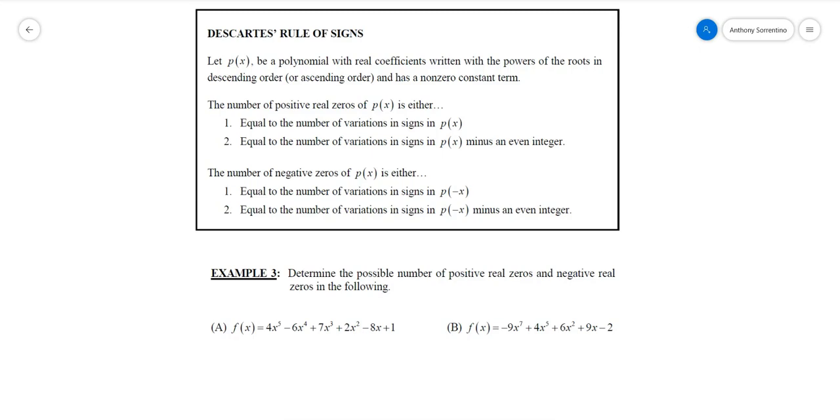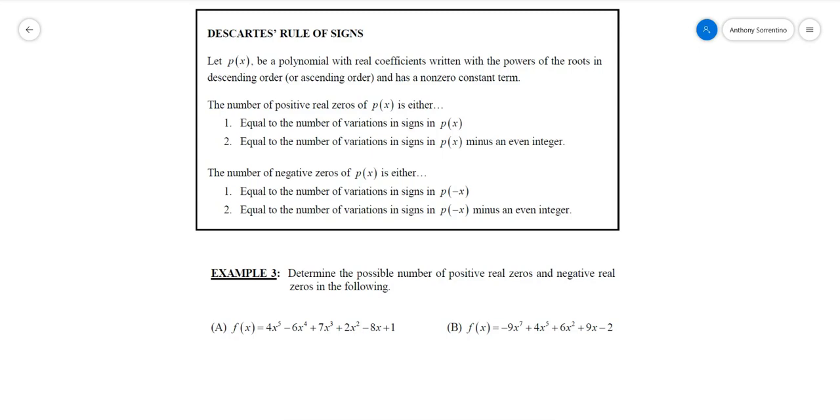It's saying that let P of x be a polynomial with real coefficients written with the powers of the variables in descending order or ascending order. So basically, if we write this in standard form, we're good. The number of positive real zeros of P of x is either equal to the number of variations in signs in P of x, or equal to the number of variations in signs in P of x minus an even integer.